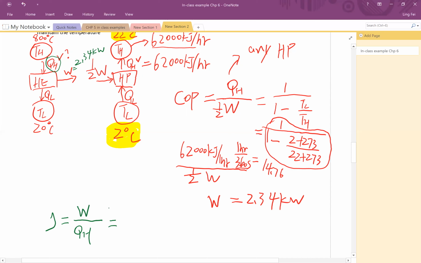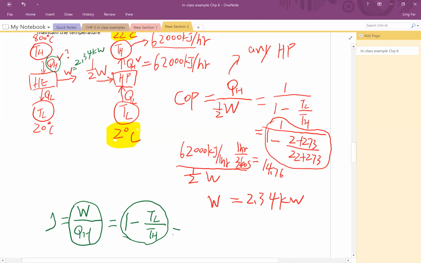Because again it's a Carnot heat engine, you can use the temperature to calculate the efficiency. The first equation is applied to all heat engines, reversible or irreversible. This one is only for reversible, because Carnot is reversible, so we can use this one. But for irreversible, you cannot use the temperature equation.